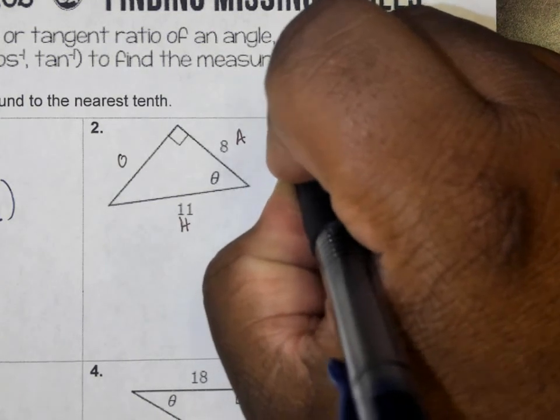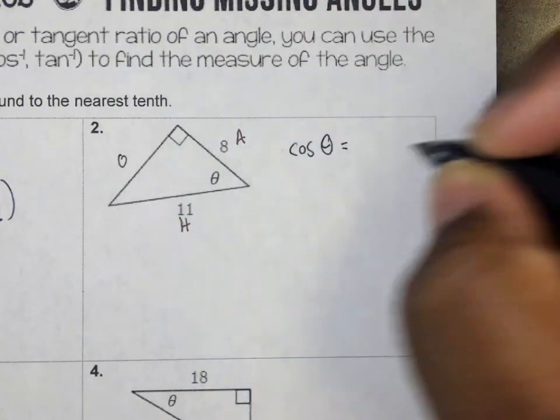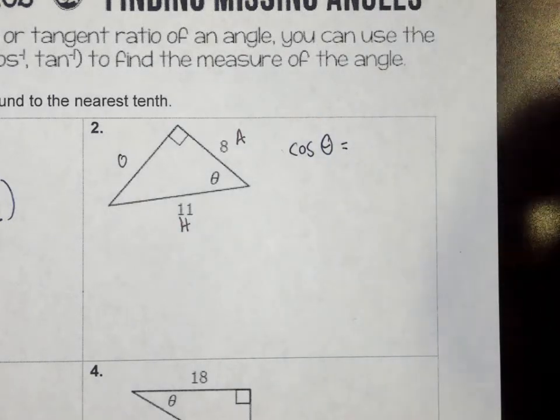Alright, cosine of theta, we don't know the degrees, so theta equals what over what, Reese? Look at the board again.